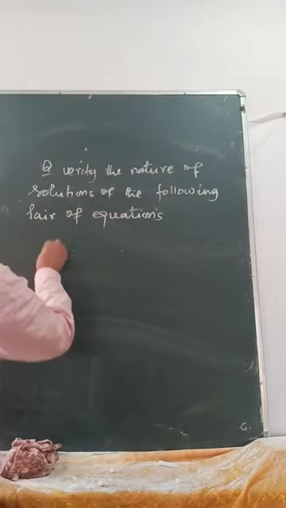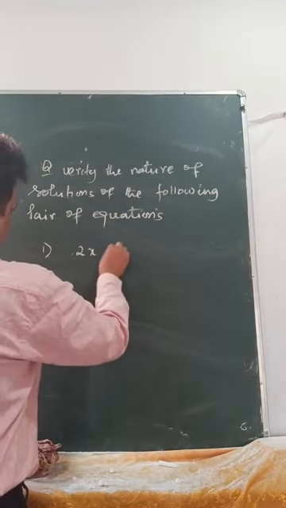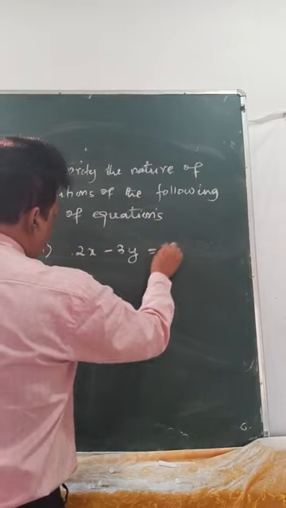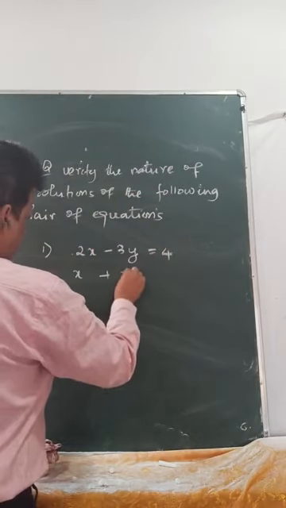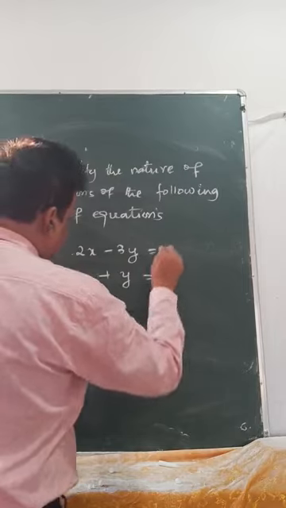Like suppose I got 2x minus 3y equals 4, x plus y equals 3.